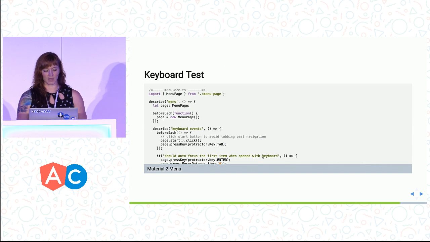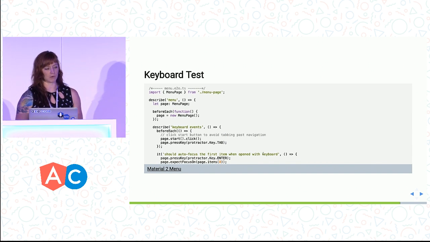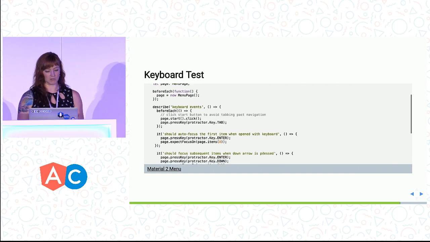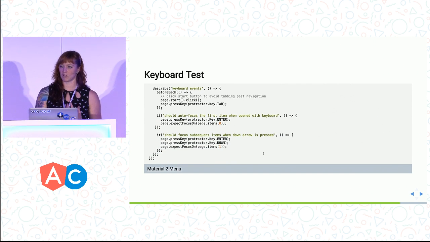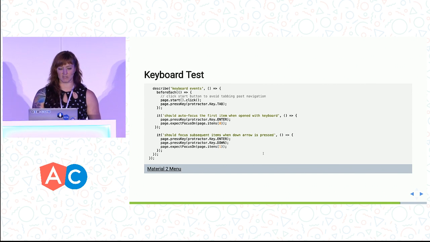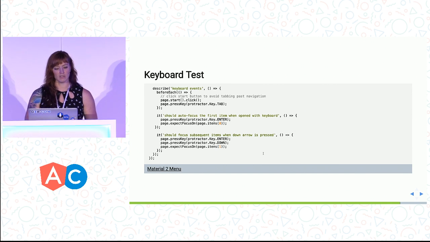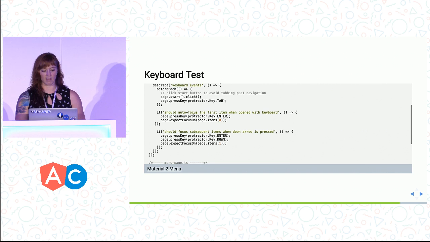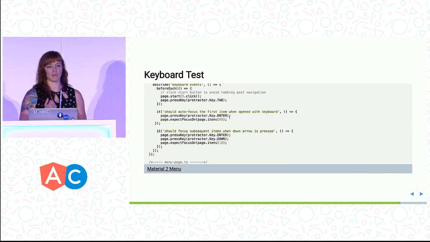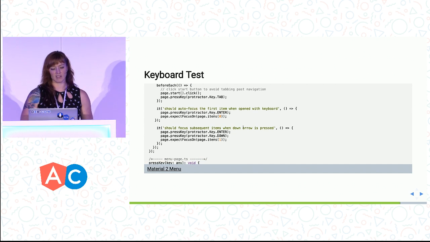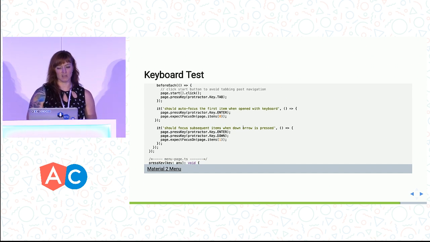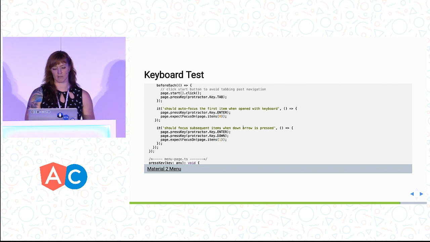They have a bunch of really cool helper methods in the Material2 project. They use page objects so they can reuse code and make it really easy to reason about and keep it DRY. So you can pass it things like a key, like the enter key, and then expect that an element is focused. This menu has test coverage for pressing the enter key and the down arrow, to make sure that it's actually sending you through the different parts of this component.